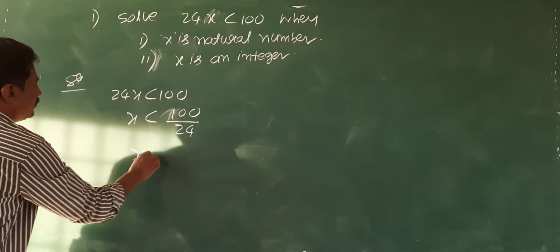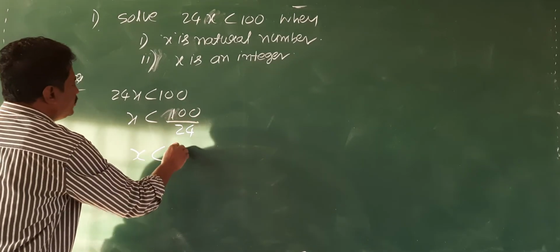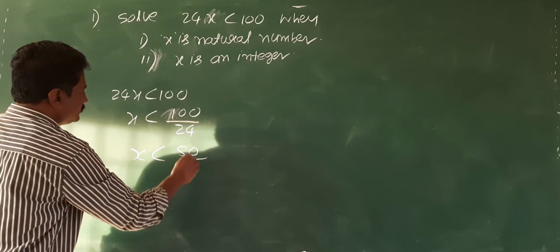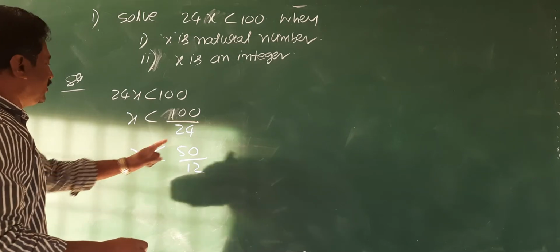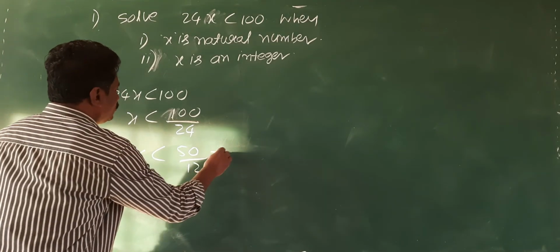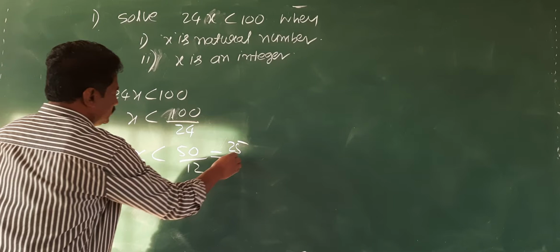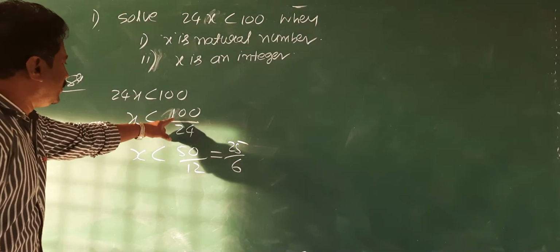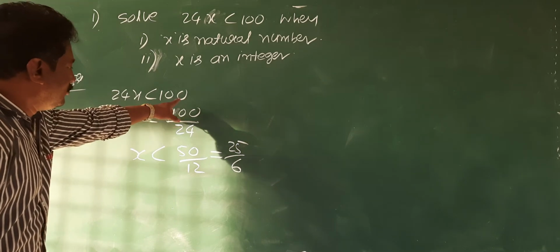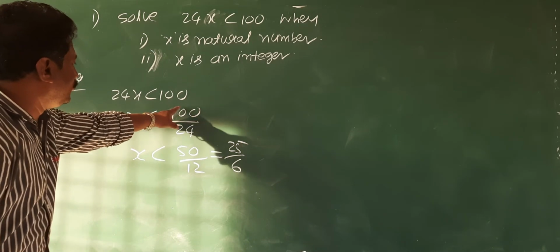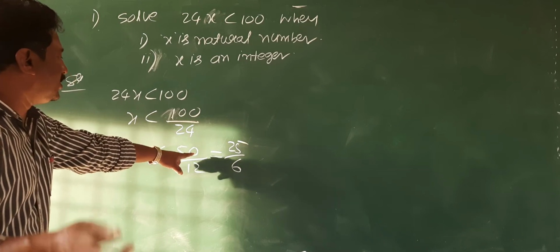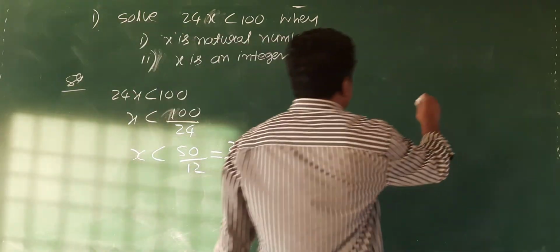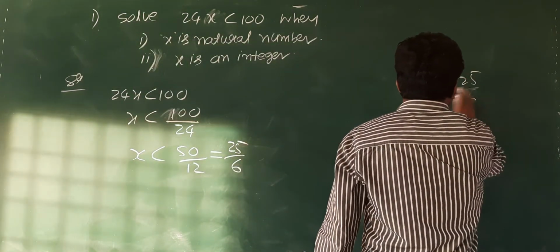Divide both numbers by 2: 50 by 12, again divide by 2: 25 by 6.